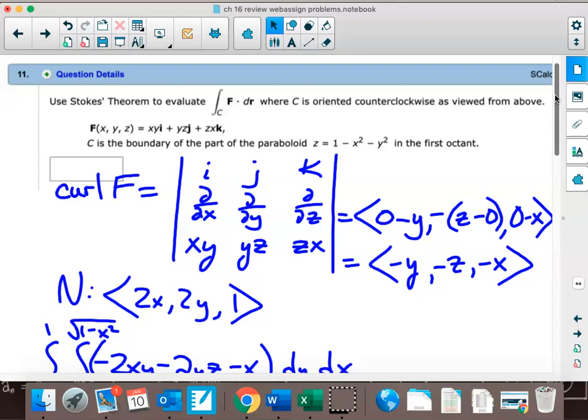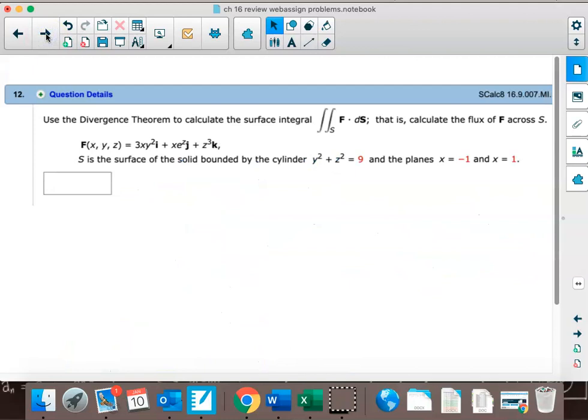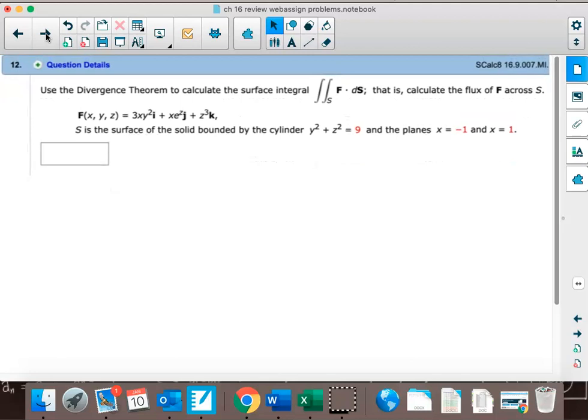All right, the last problem is divergence theorem. Divergence theorem, remember, is just the integral of the divergence, but you're integrating over the volume instead of the area. This one, if you notice, it's sideways. You're going between the planes x equals -1 and x equals 1.